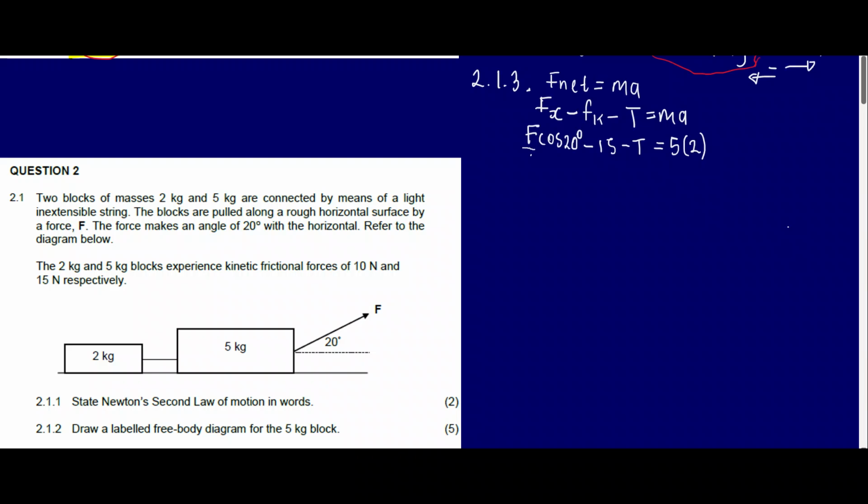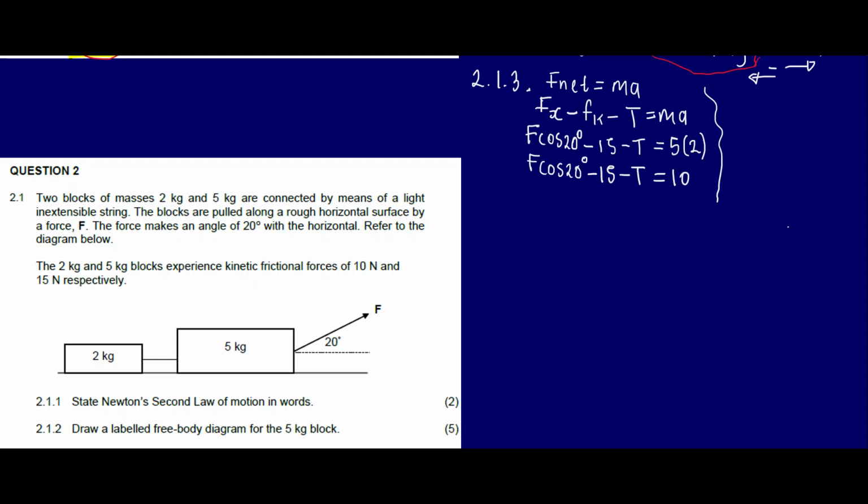So what we will do here is try to simplify this as far as possible. Because we're looking for the force, you can see that here we can have F cos 20, and then minus 15. We're just trying to simplify this, and then minus T equal to 10.